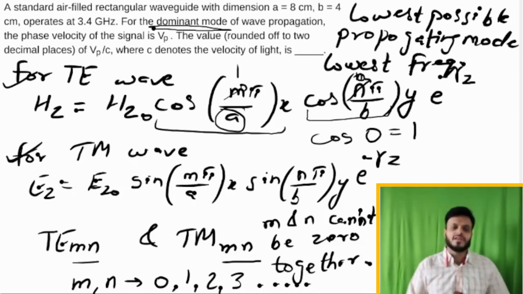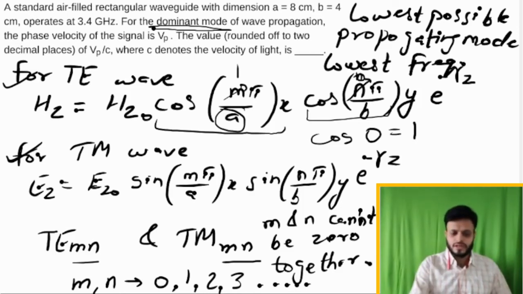But as you can see, for both the m part and the n part, you have a sinusoidal function. So sin 0 is always 0. So if one of m and n is 0, Ez will not exist, Ez will be 0 and it is not a valid mode. As we have already discussed, we want Hz for the TE wave and Ez for the TM wave as non-zero quantities.